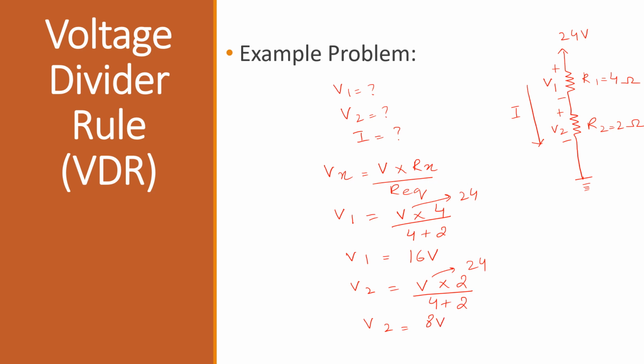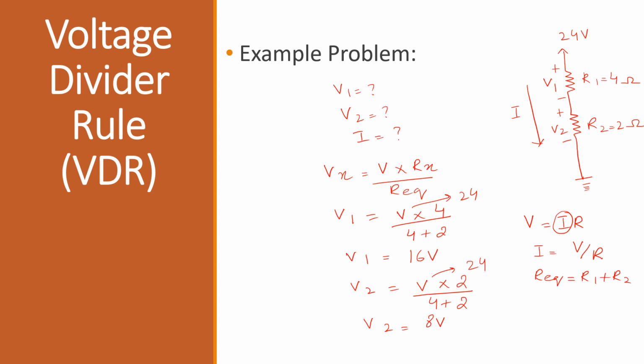Now, from Ohm's law, we know that V equals IR. Now, we have to find I. So, I equals V divided by R. Since these two resistors are connected in series, therefore R equivalent is R1 plus R2.